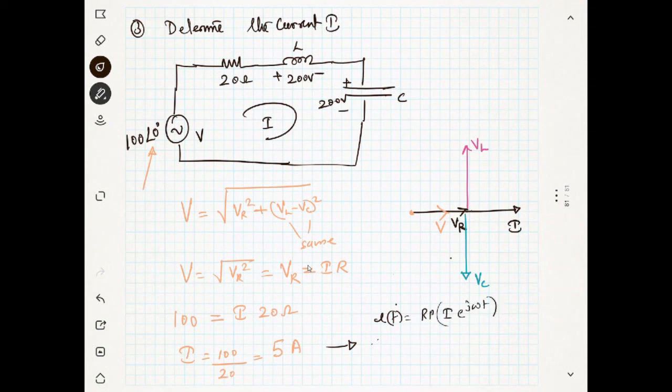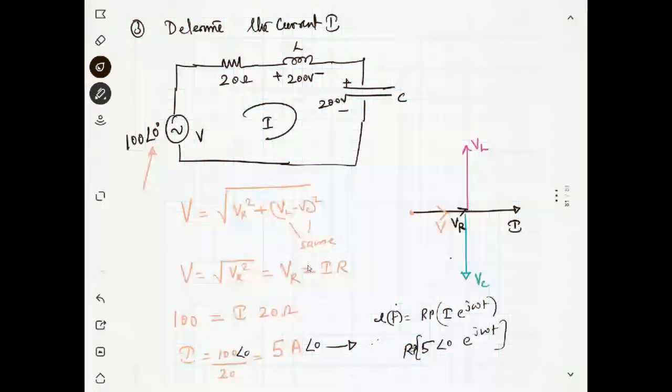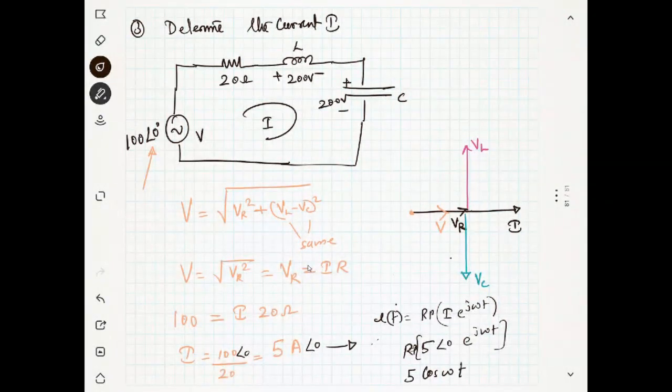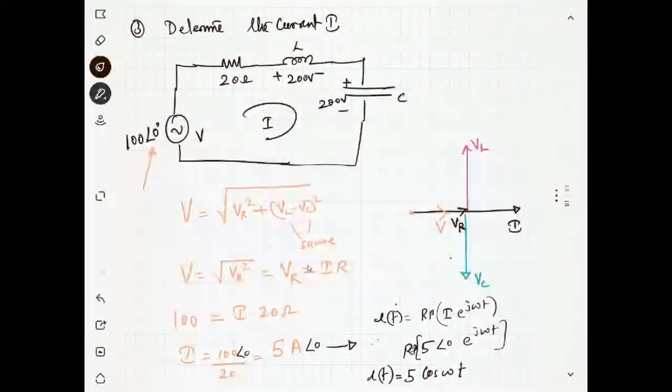And my I is 5 angle 0, since the voltage is 100 angle 0. Since there is no angle, I can directly write the real part will be 5 cosine omega t. That will be my current, i of t.